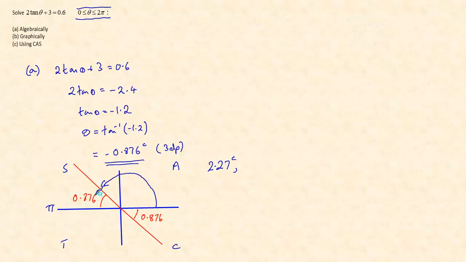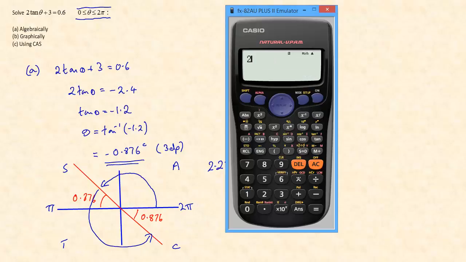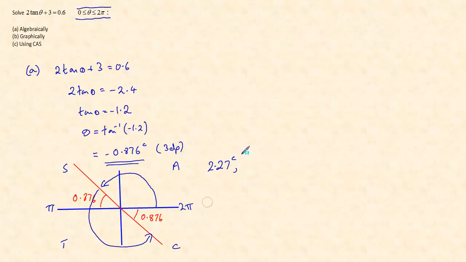And then we keep going, and we get to this one here, and this is at 2 pi. So I'm going to do 2 times pi, take away 0.876, and that's 5.41, giving both of those to 2 decimal places.